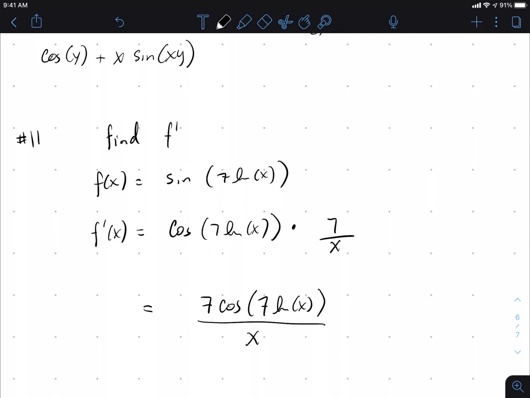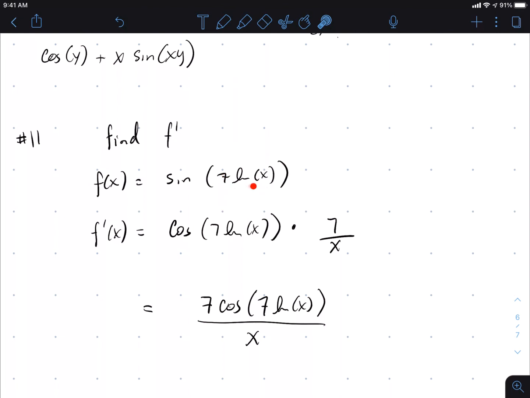Any questions on this? No. Just so I can clarify, just in case someone isn't sure, everyone gets how I got the cosine. Yes. It's the inside part that gets people. The 7 stays out because it's just a constant.